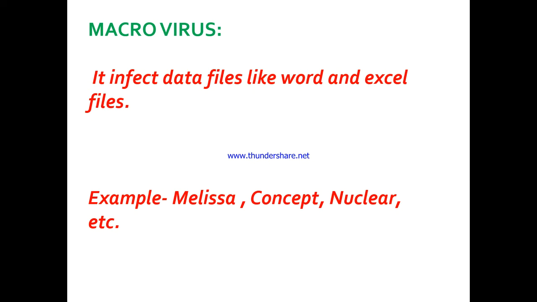They spread rapidly because users always share their Word and Excel files with others. These viruses attach themselves to those files and get transferred from one computer to another. Melissa, Concept and Nuclear are some examples of macro viruses.